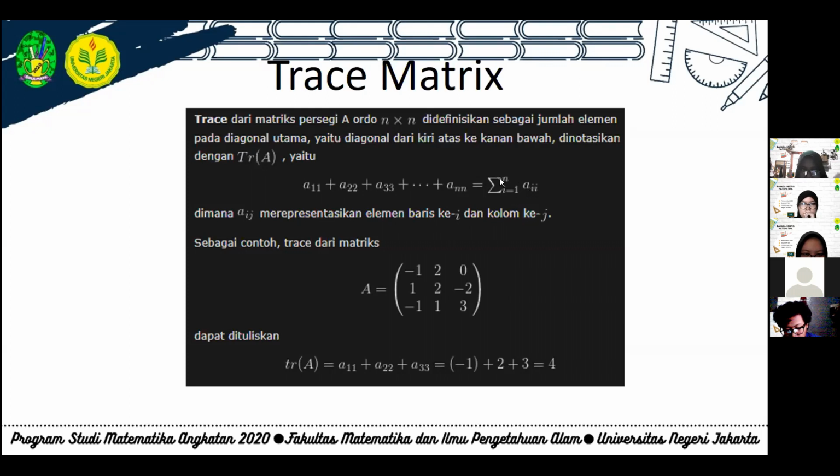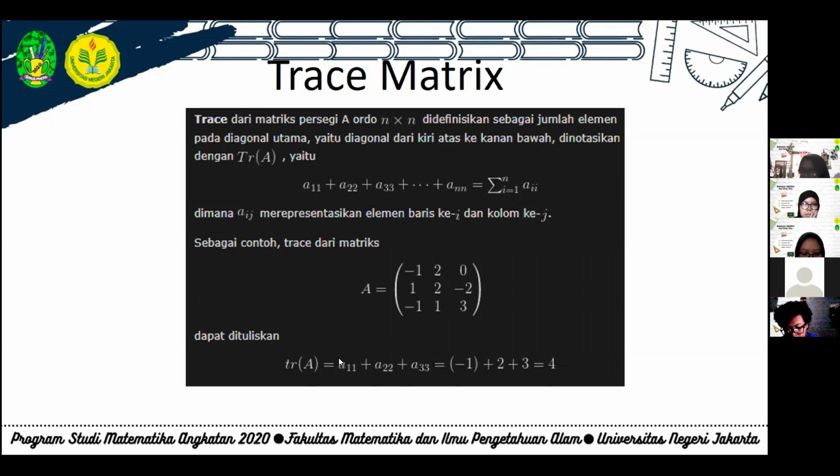And this is the example. We have a matrix A with the elements minus 1, 2, 0, 1, 2, minus 2, minus 1, 1, 3. And this is the trace of A.